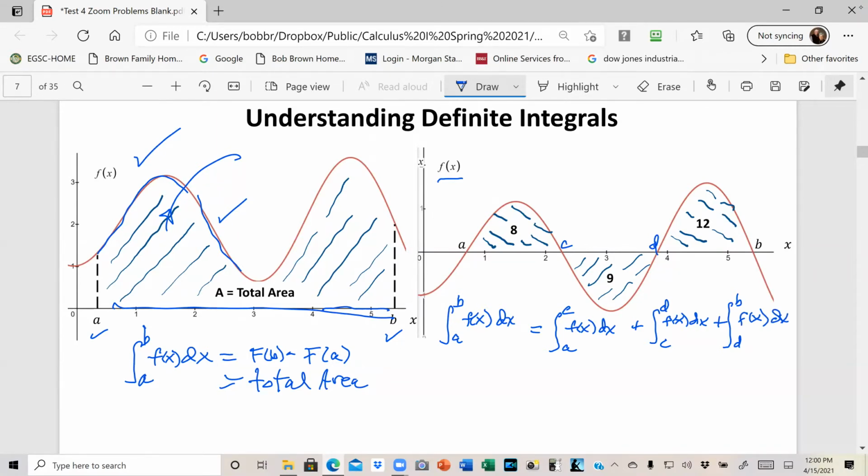And that first integral is going to be 8 because the area under this first bump is 8. But the area under the second bump, since it's negative, is going to be -9. And then this third bump will be 12.